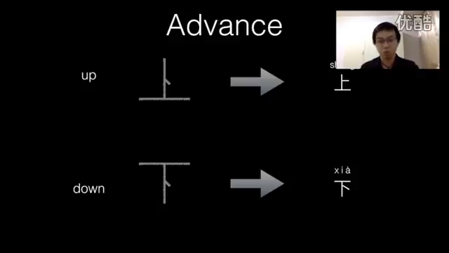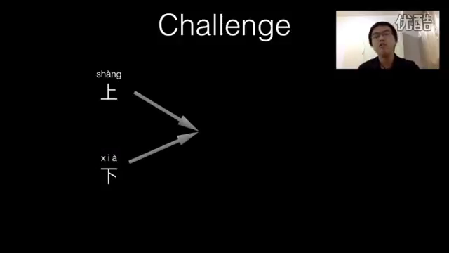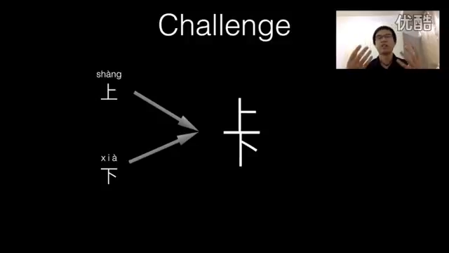We can get harder. Let's do the challenge. You already know the two words up and down, but if I told you I want to put them together to become a new word, just put them together: up here, and down here. Okay? So what is that? Can you imagine what this means in your life?